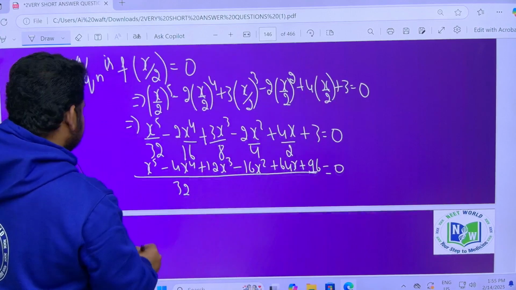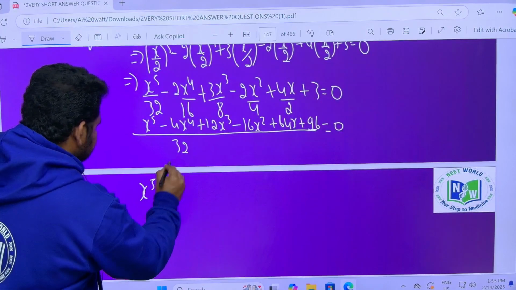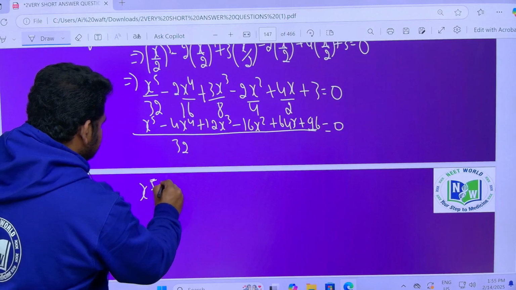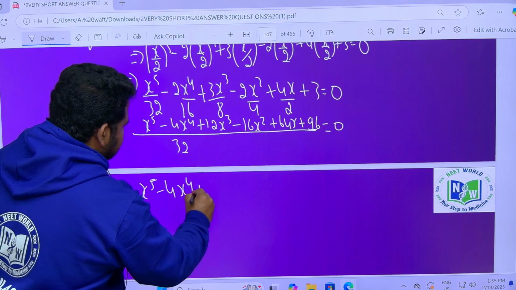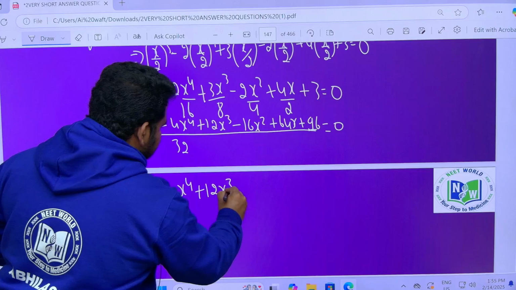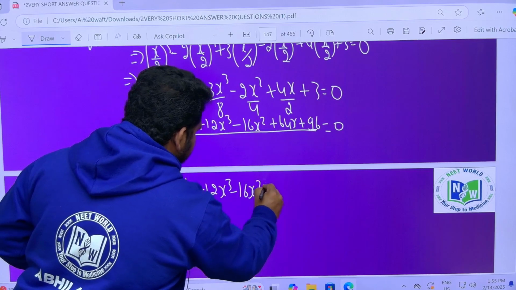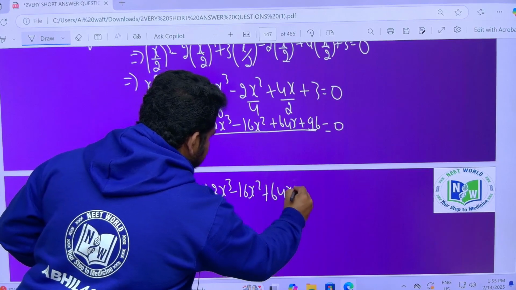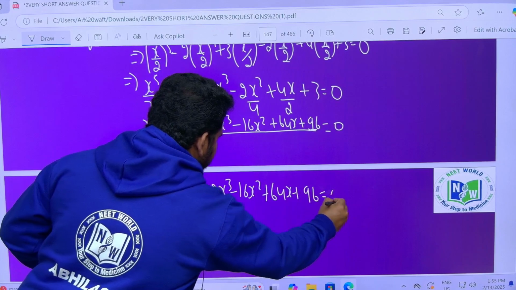So this equation will become x to the power of 5 minus 4 x to the power of 4 plus 12x cube minus 16x square plus 64x plus 96 is equal to 0.